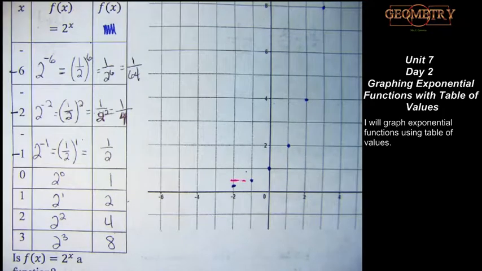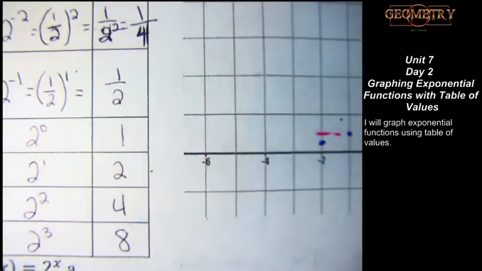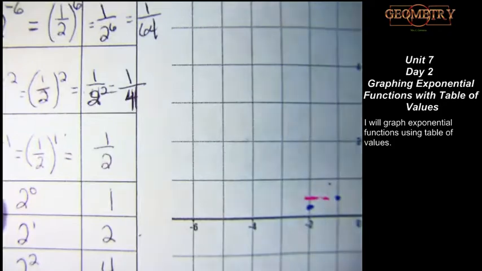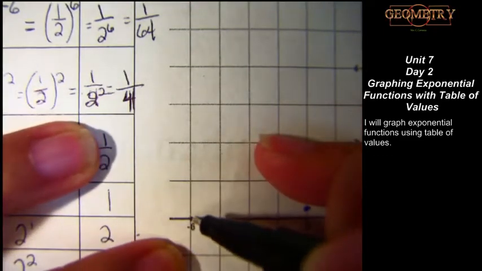But if you're already imagining how small those slices are, this fat marker I'm using isn't going to be able to do that justice. It's too fat. So instead, I'm going to zoom in real tight so you can see what I'm about to do here. On the -6, which according to my calculation should be at y equals 1/64, I'm going to put a dot just as close as I can get it to the x-axis.